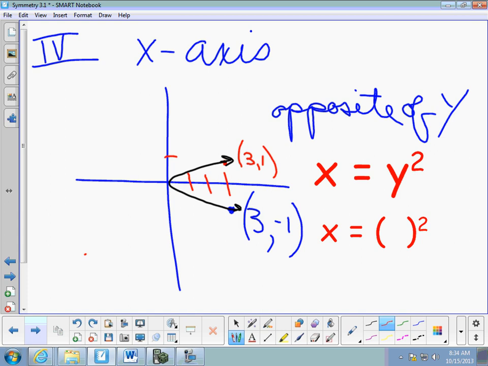And if I put in the opposite of y, and I get what I started with, since those are the same, therefore there's symmetry over the x-axis. It's a sideways parabola, though.